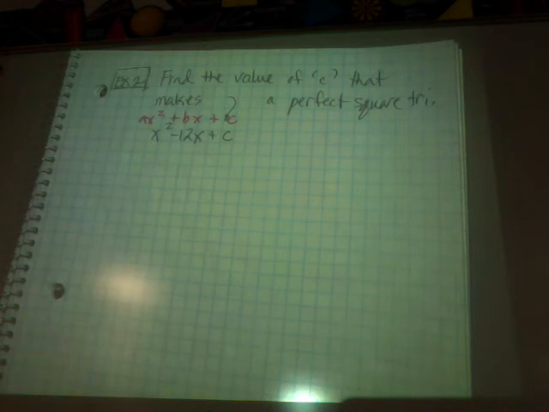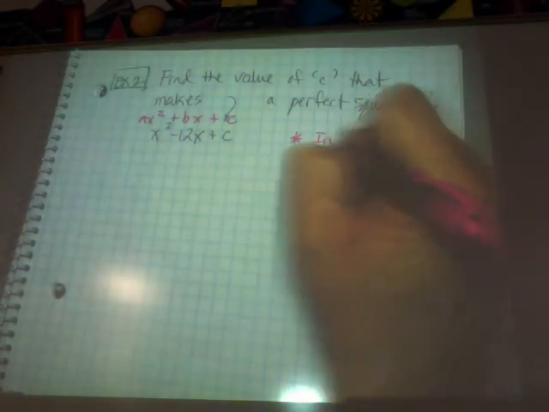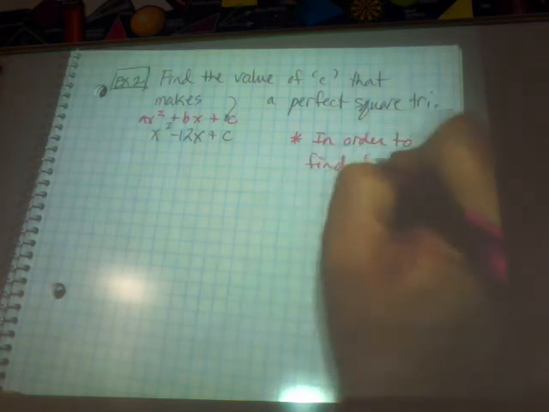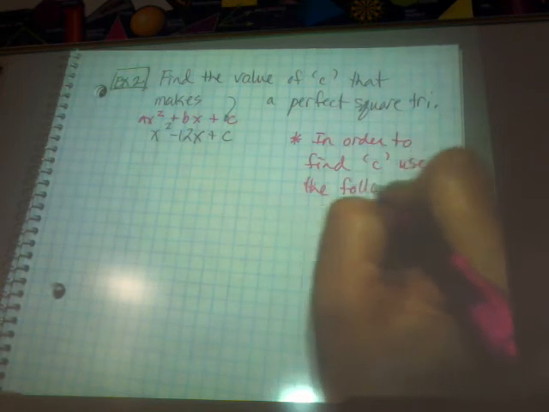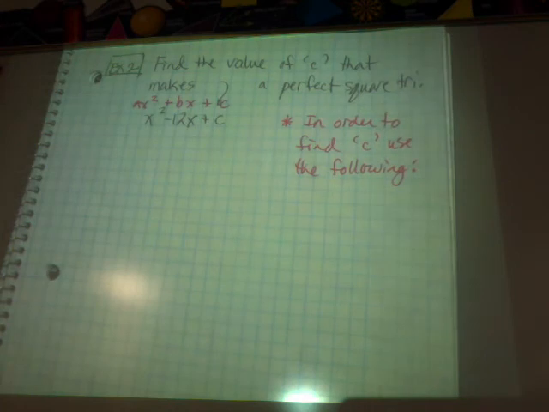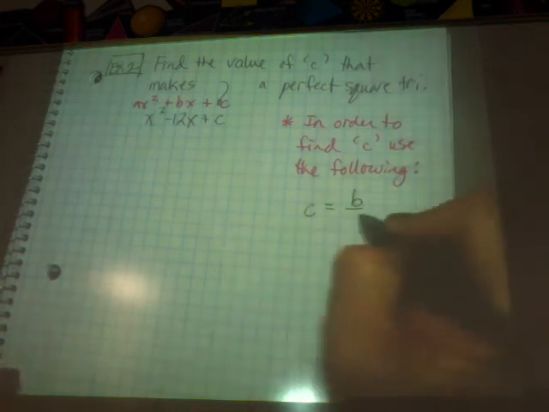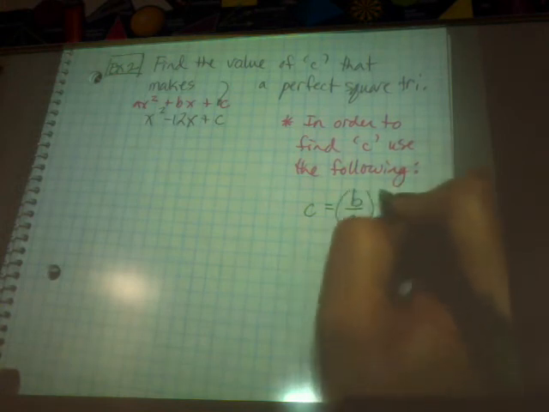So we've come up with a plan. In order to find c, write yourself a note over here. In order to find c, use the following. C is always equal to b, the coefficient of the x term, divided by 2, and then squared.